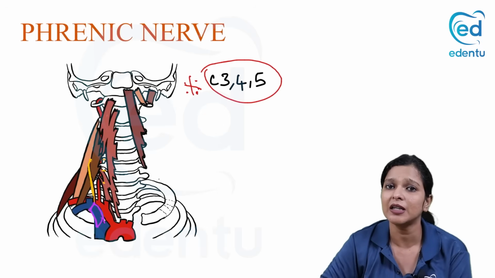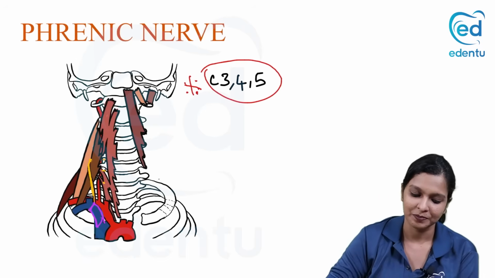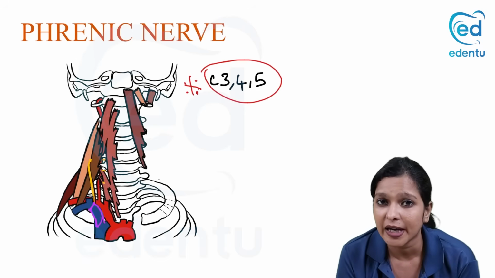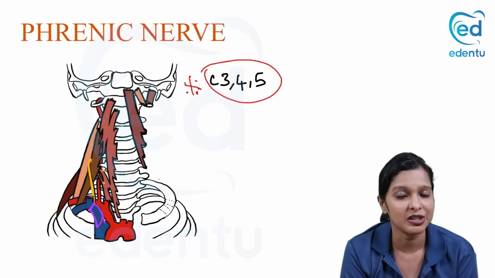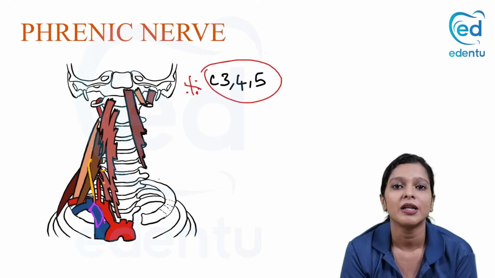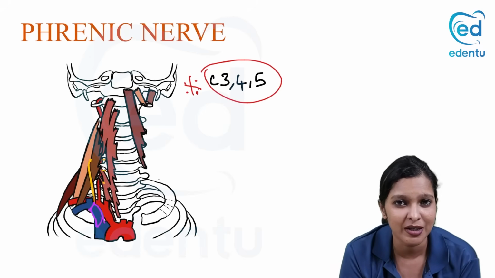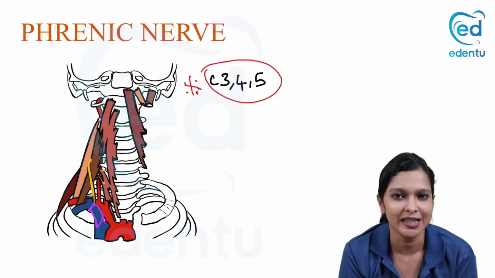So this is the course of the phrenic nerve in the neck region. So what is the root value? C3, C4 and C5. So in addition to the muscles that are present in the pre and paravertebral region, we also saw about the first and second part of the vertebral artery, the scaleno-vertebral triangle, as well as the course of the phrenic nerve in the neck region.